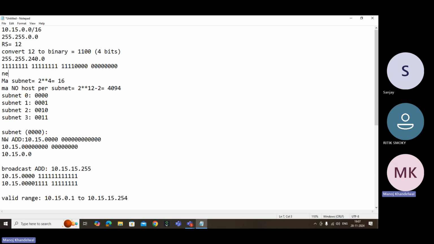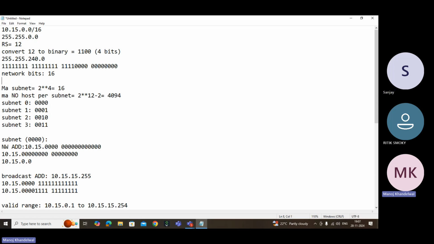So here you write, network bits is how many bits? It is 16. Subnet bits are 4. Subnet part is 4.